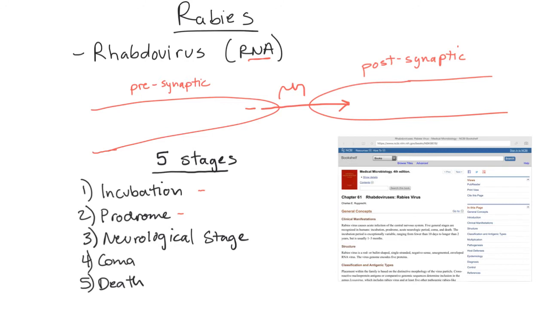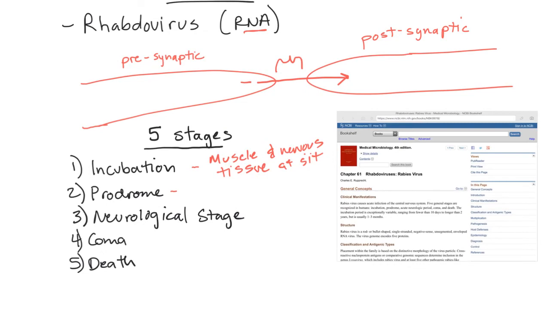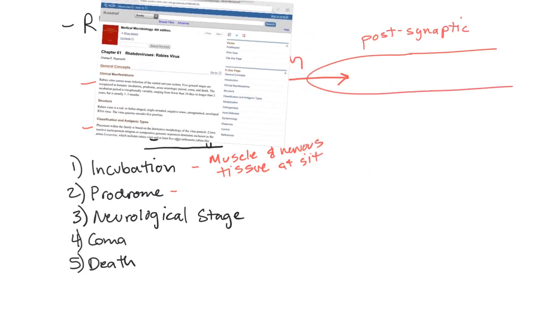Transmission then: it's transmitted through the saliva into the muscle and nervous tissue at the site of transmission.